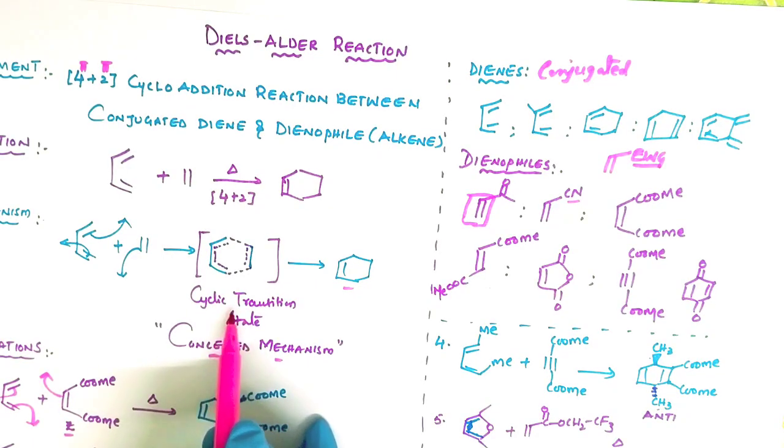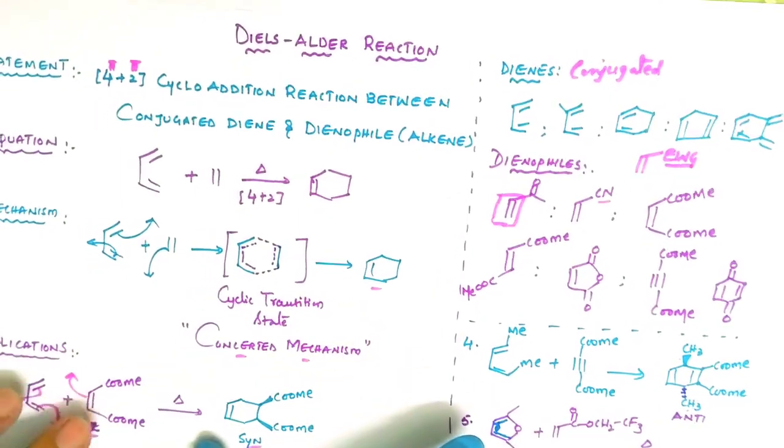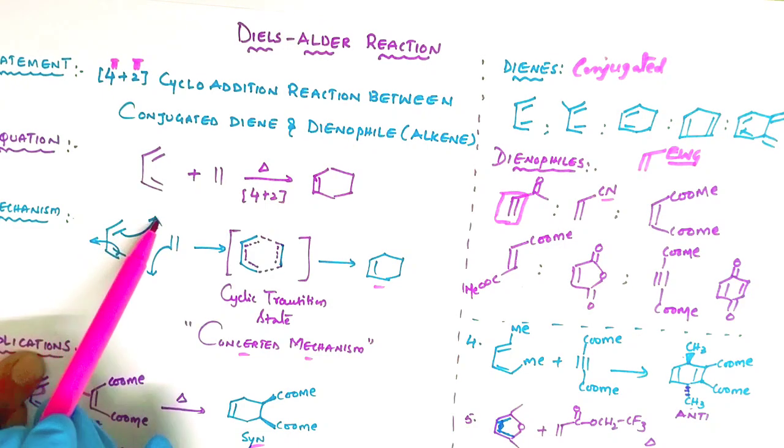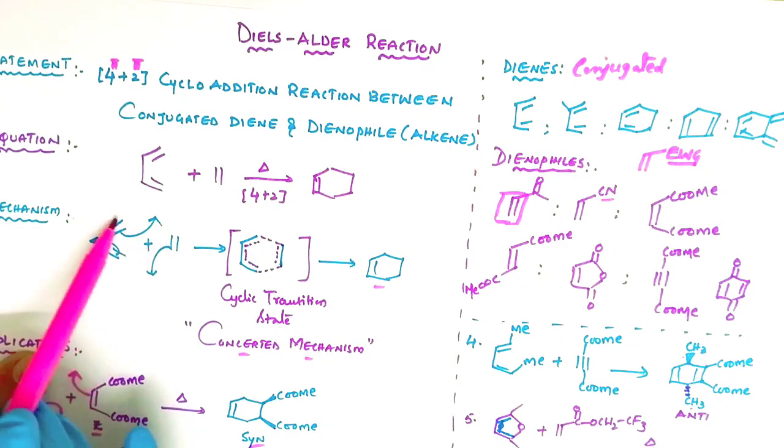Here the important point is that how can we write the cyclic transition state? That is very much important. See this one. While writing the cyclic transition state, we need to observe how many bonds are involving in the breaking and how many bonds are involving in the making. That we need to observe and put the dotted lines between those atoms. See this. Here these pi bonding electrons forming a bond between these two carbons.